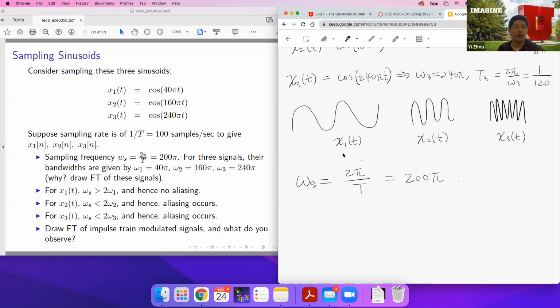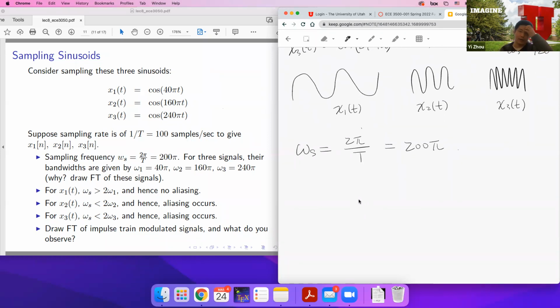First of all, from the Fourier transform table, we already know the spectrum of cosine signals. So let's take x1 as an example. Here are two things.